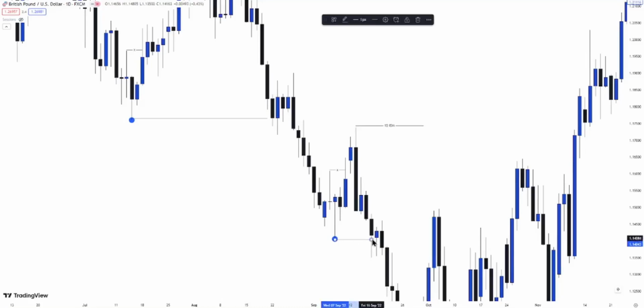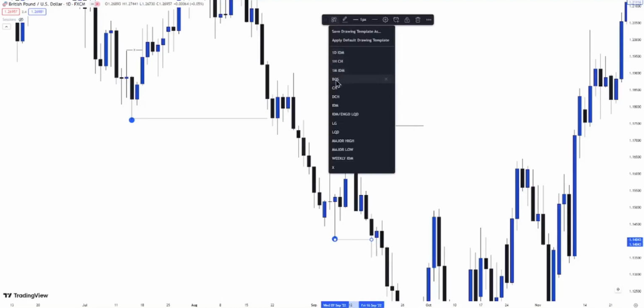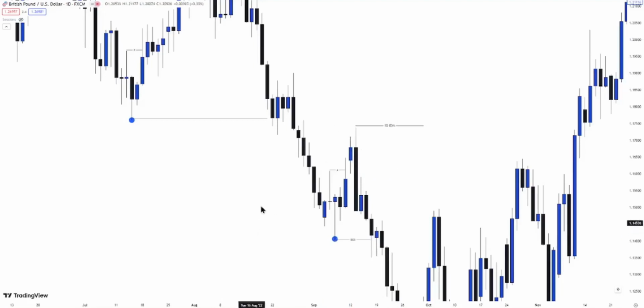Initially, it took it out with a candle wick, and eventually it closed below it, confirming this as a break of structure. Simple. That's our BOS. All right. And so this is our low and this is our high now. So we can denote this as our high. Okay. This is our high in the market.